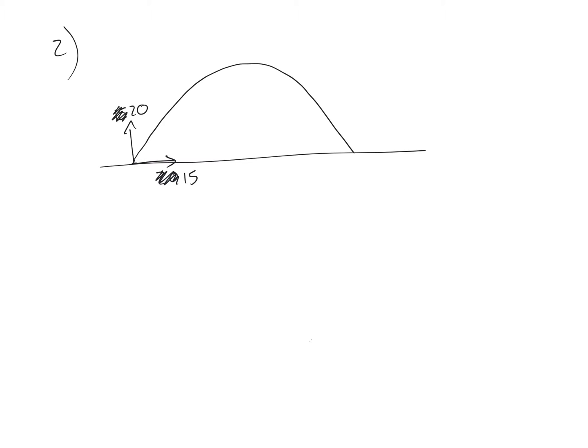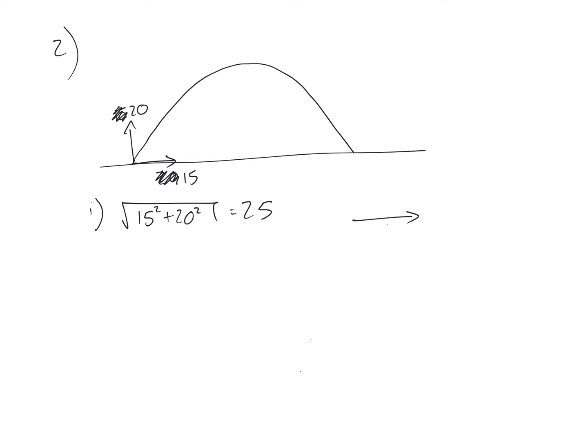Find the initial speed. So speed is not a vector. So the initial speed is the Pythagoras of that. 15 squared plus 20 squared, square rooted, which gives you 25.